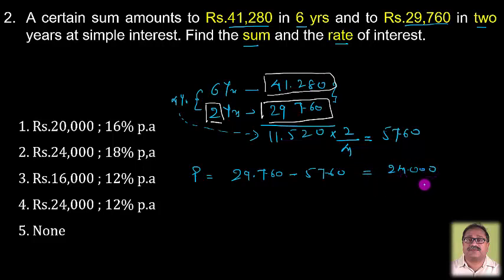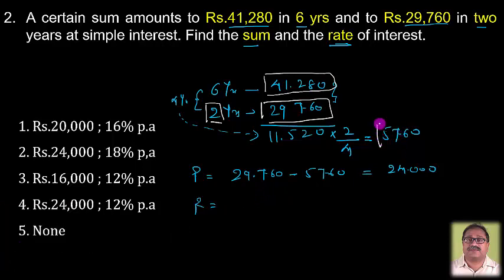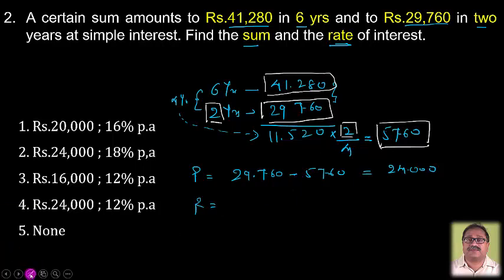This is my sum. Now I need to also find out the rate. And the rate has a basic formula. Rate is equal to SI into 100 by P into T. Do we have SI? 5,760 is the SI. For how many years? The time is 2 years. And we do have the principal, that is 24,000. By using these three figures, I can get the rate.